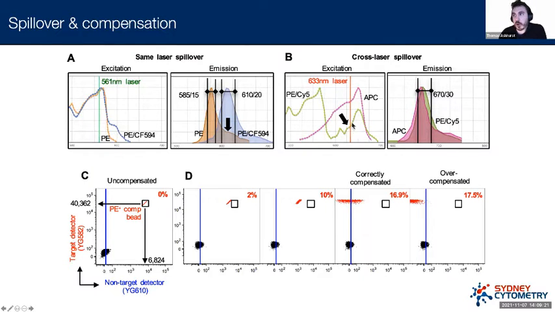So even though we're not getting optimal excitation of PE-Cy5, it's still going to show up in the same detector that we would detect APC, even though we kind of think of them as belonging to different lasers. We're going to excite normally the PE-Cy5 using the yellow-green laser and APC using red, but the red is going to excite the PE-Cy5 whether we like it or not. And so we're going to get this cross-laser spillover in this case.